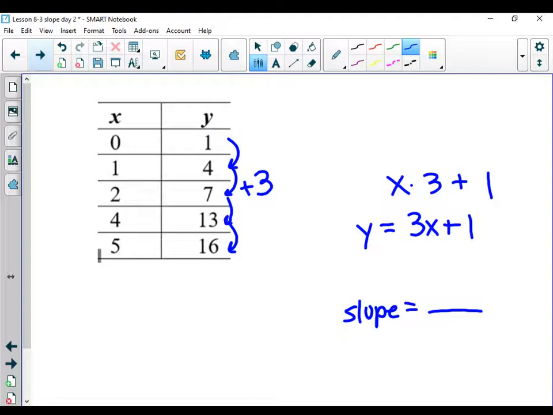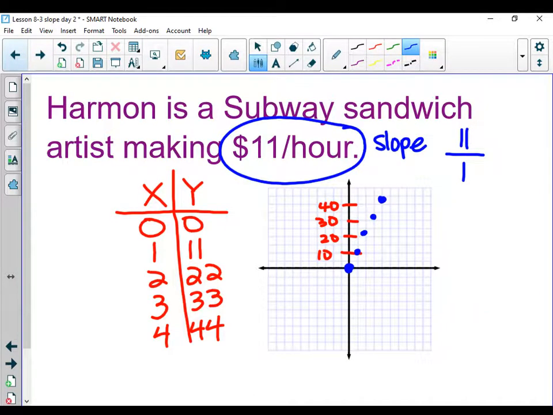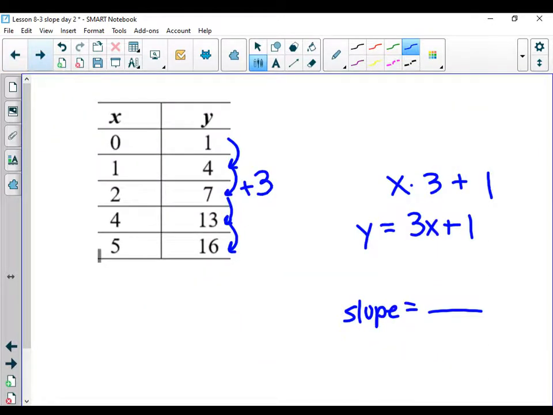What was the slope of this one? How'd we get that, Ellie? Each hour you work, you get 11, but wouldn't it be 301? Why? Because you're adding 3, just adding 1 on one side. Tell me this one again. Rise numbers would be what? X or Y?